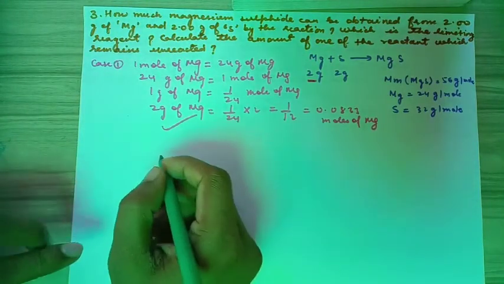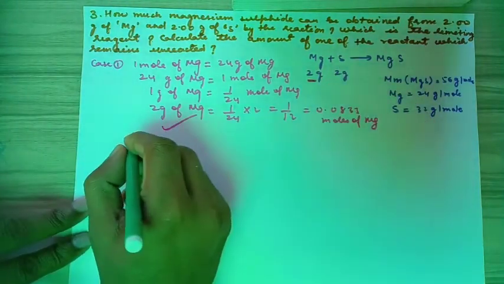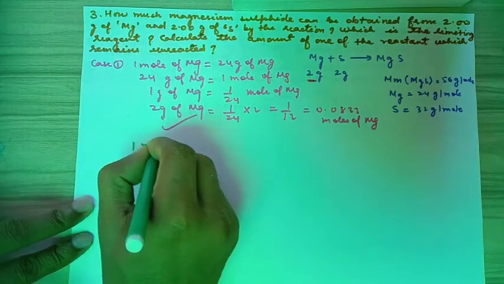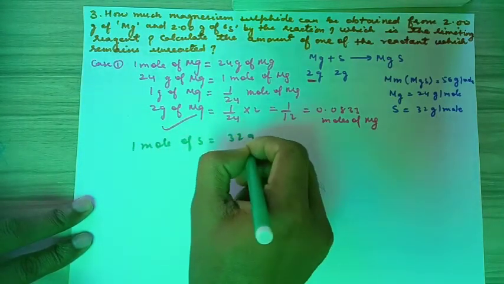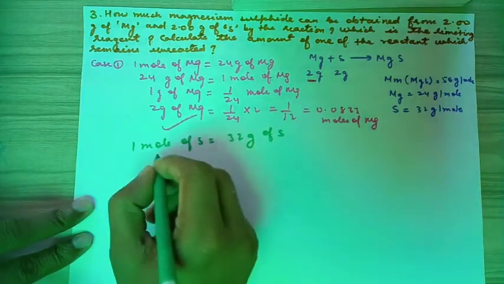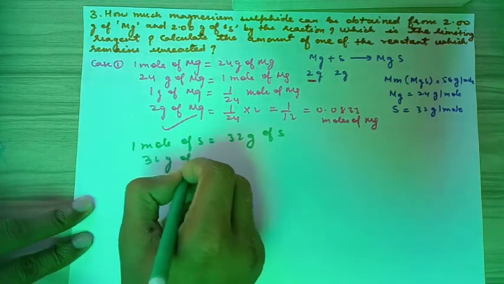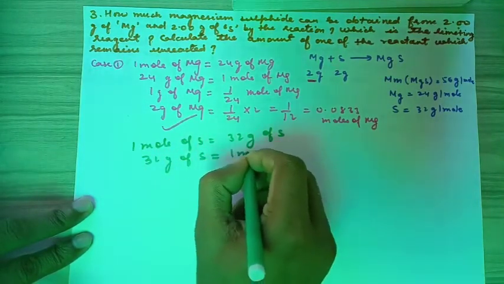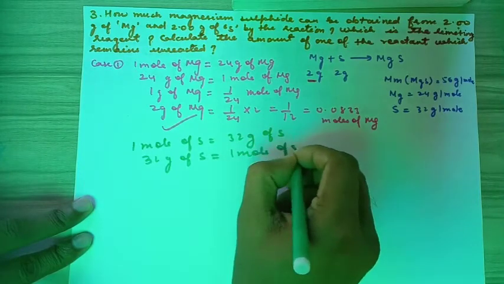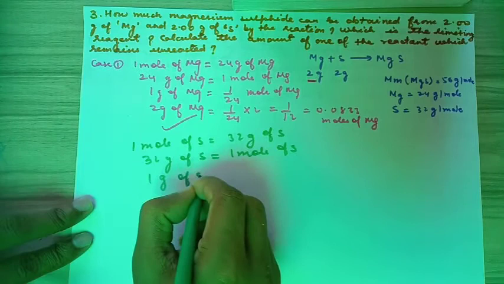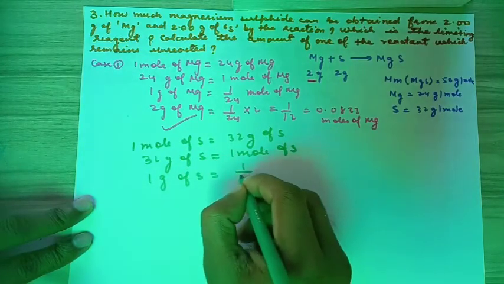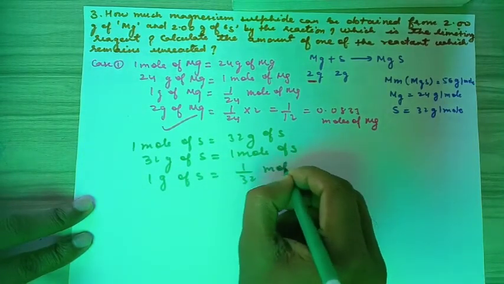Now we have to obtain it from sulfur. So we can directly say that 1 mole of sulfur will give us 32 gram of sulfur. So in reverse order, 32 gram of sulfur will give us 1 mole of sulfur. We can compare these two. So 1 gram of sulfur will provide us 1 by 32 mole of sulfur.